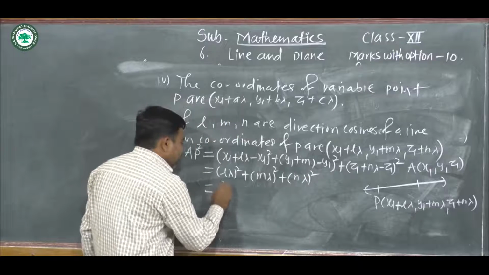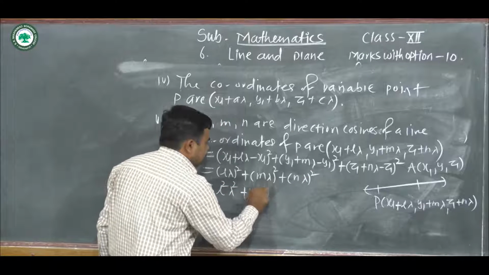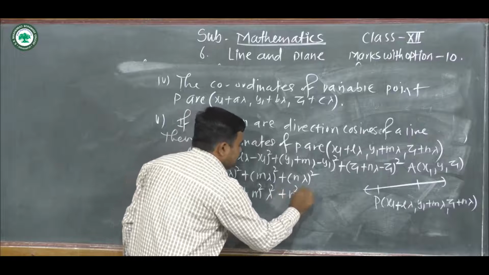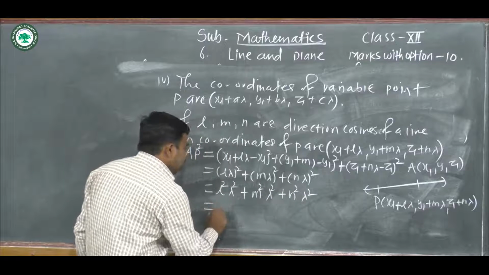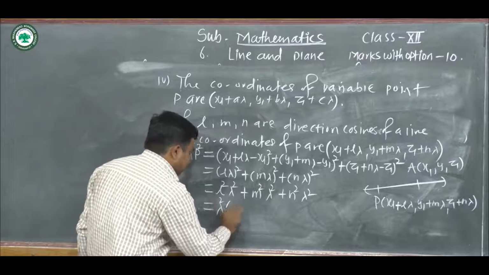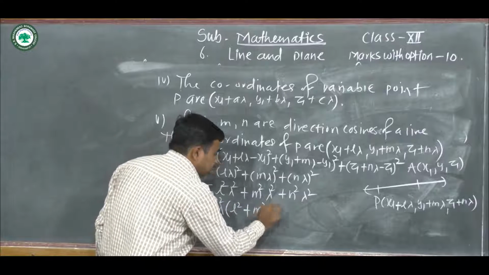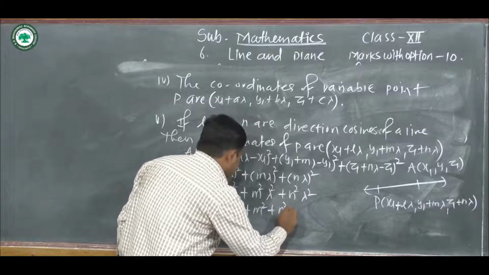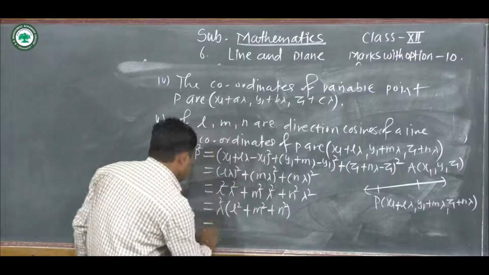So it is equal to L square lambda square plus m square lambda square plus n square lambda square. Take lambda square common from these three terms. So it is lambda square in bracket L square plus m square plus n square.